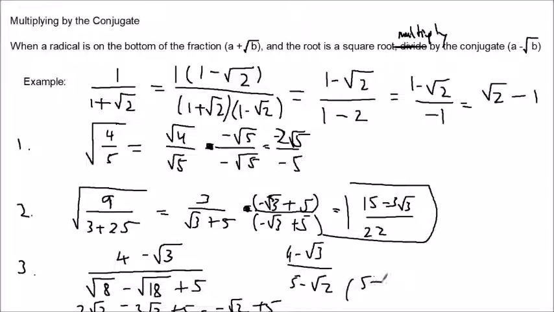We'll multiply that by 5 plus the square root of 2, multiply the top by 5 plus the square root of 2. We will have 5 times 4 is 20. 5 times negative square root of 3 is minus 5 square root of 3.